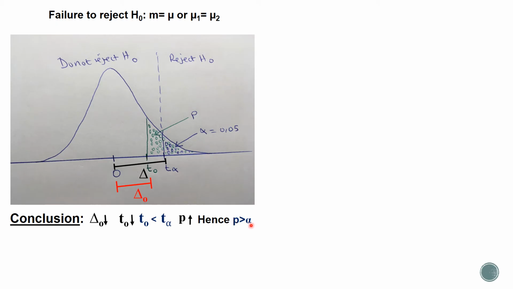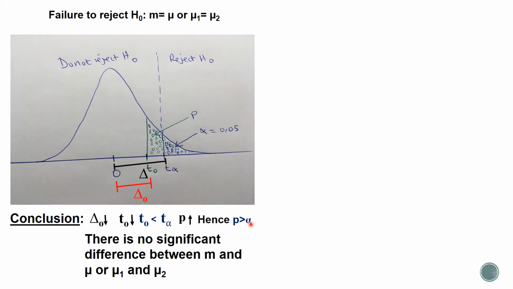And we have every right to say that there's no significant difference, and even if there is a difference, it's due to random sample error. So we would say there is no significant difference between the sample mean and the population mean, or the two or more population means that we are comparing.